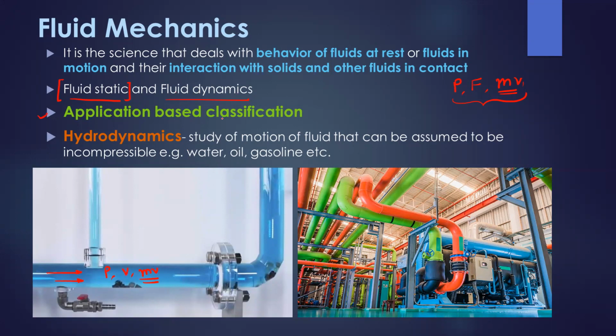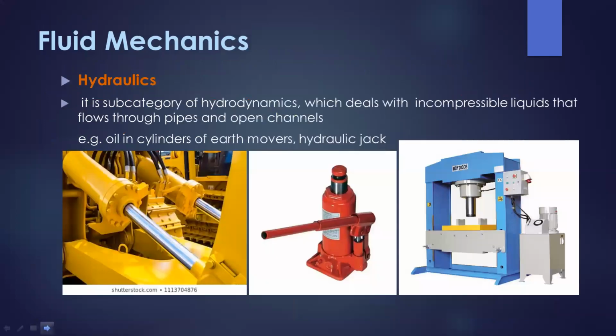Next, the application-based classification. One is hydrodynamics, which studies the motion of fluid that can be assumed to be incompressible. In hydrodynamics we have hydraulics, a category which deals with incompressible liquids.